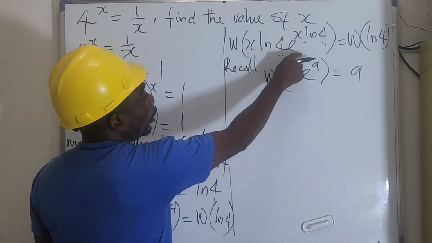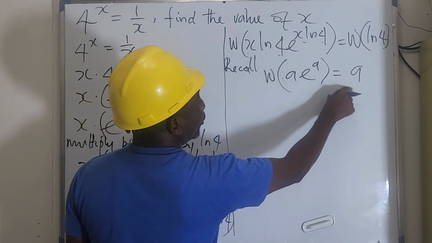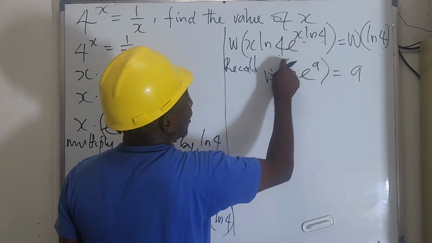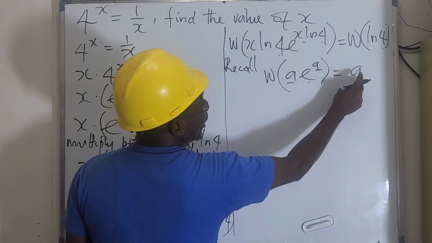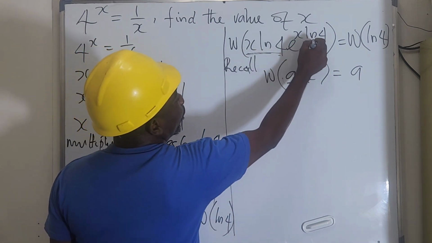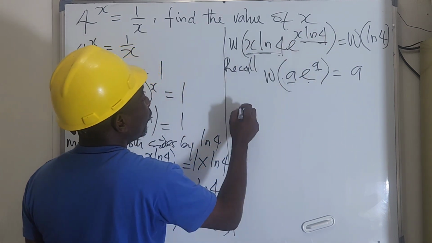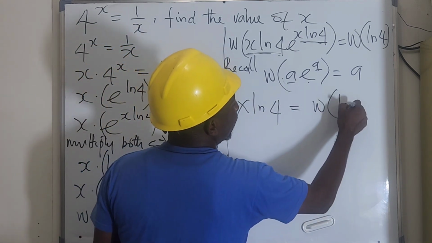So the Lambert W function of this is equal to, by using this expression, x ln 4 equals W of ln 4.